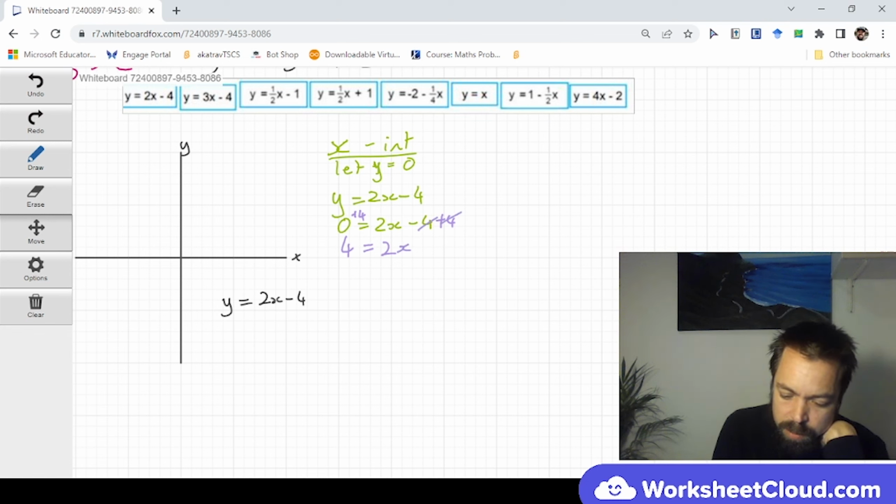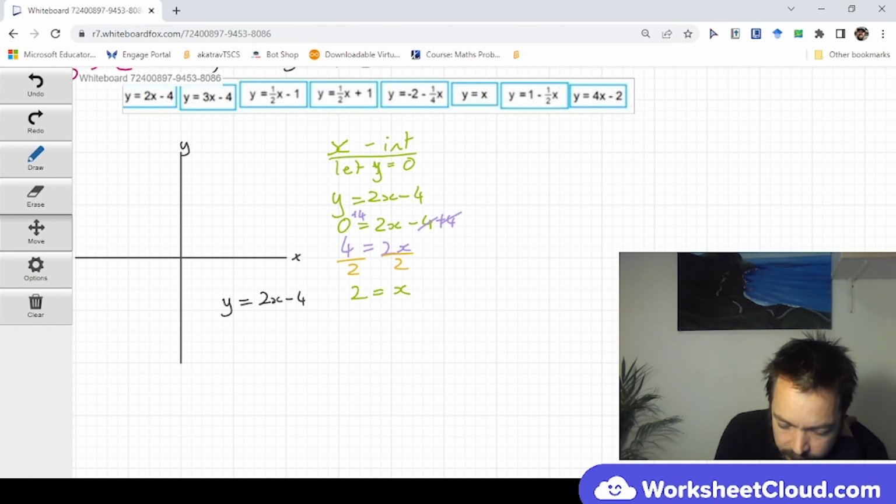I want to get rid of the 2, so I'm going to divide both sides by 2, which gives me 2 is equal to x. That means the x-intercept is at x equals 2. So that would be there if I'm using the little blocks.